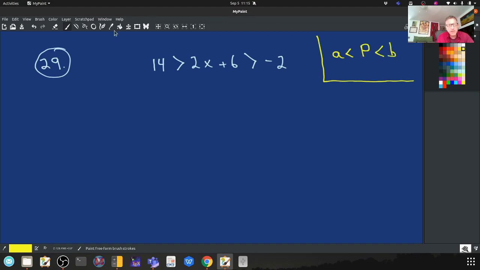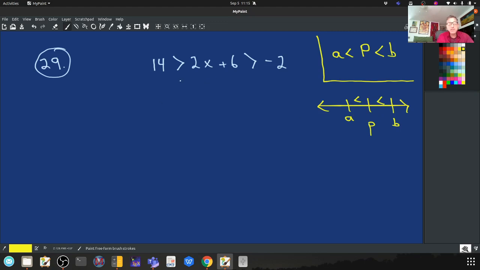And if we look at our number line, that's the natural way to look at things, because the ordering of the number line is this way. If a is here and b is here, and p is here, then a is less than p, and p is less than b.